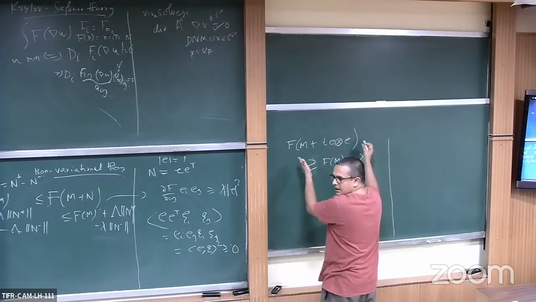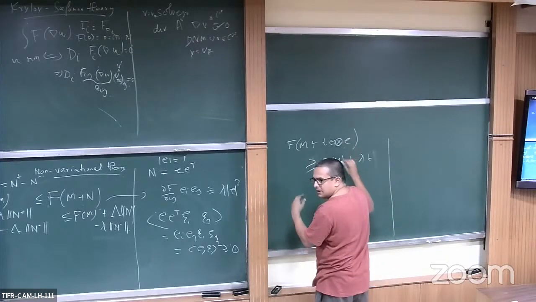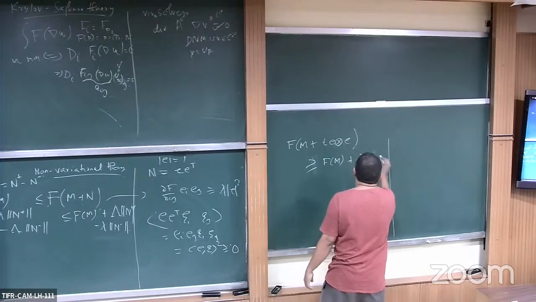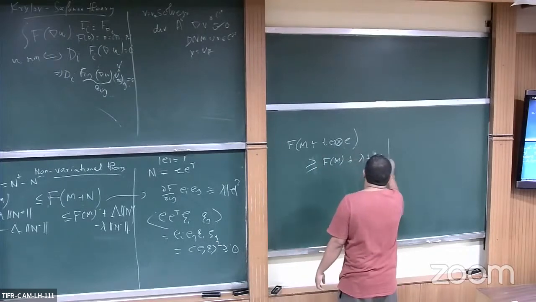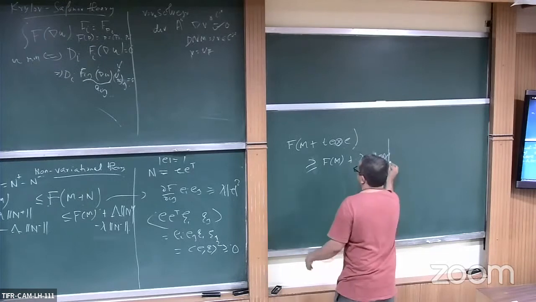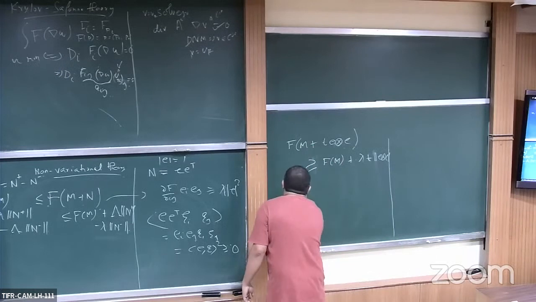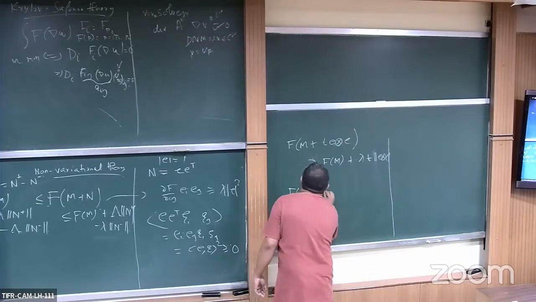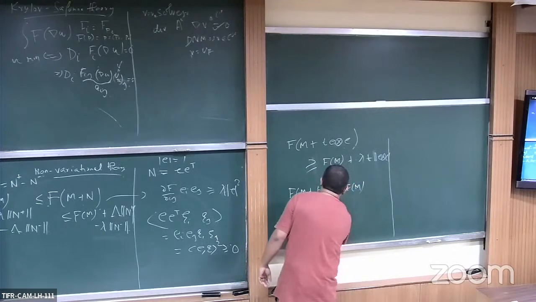e cross e. If you see what is the total norm of this, it is morally lambda times c. So let me just write e cross e. Then I put it back. I get f of m plus t e cross e minus f of m, divided by t.